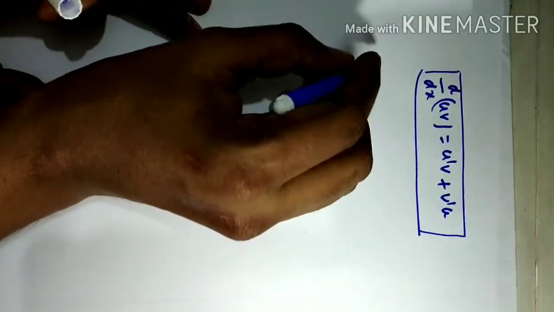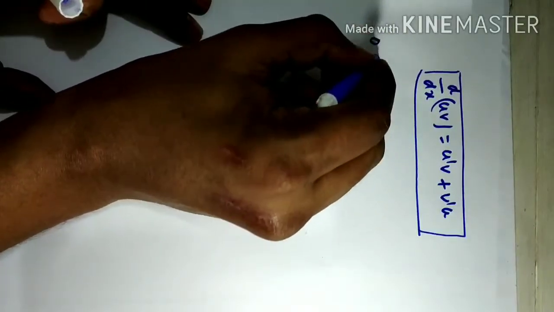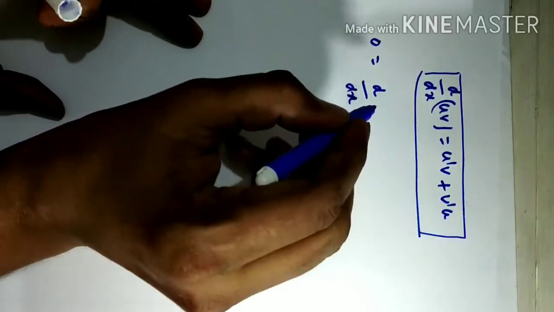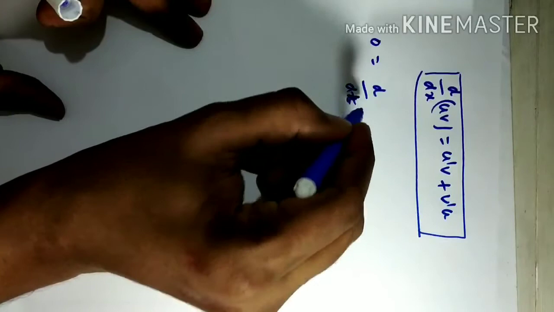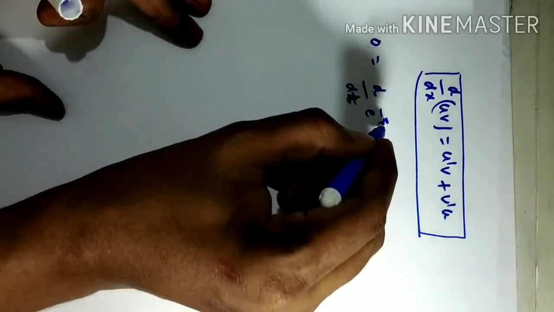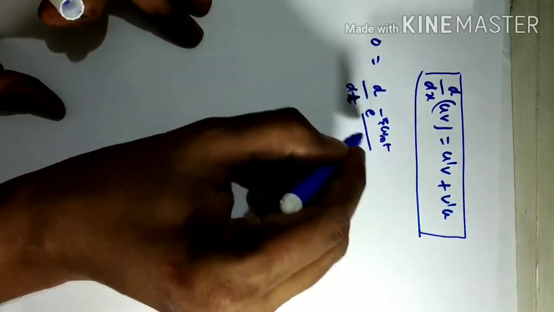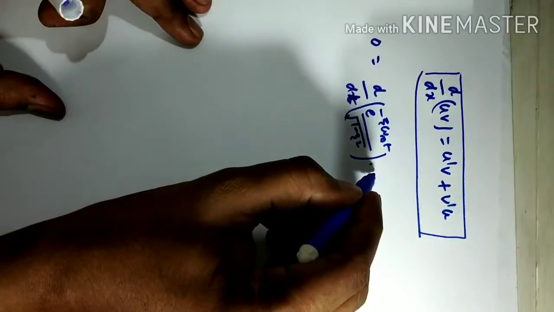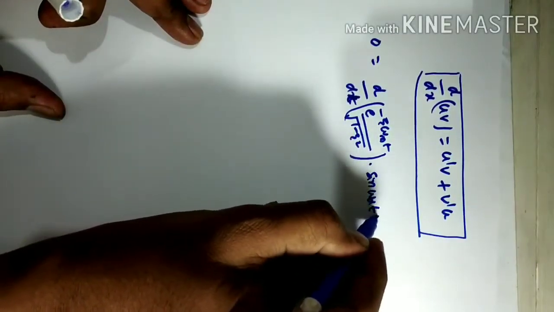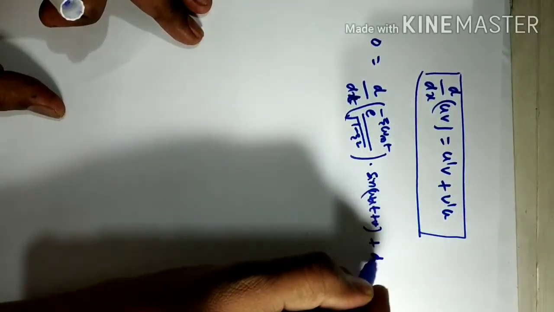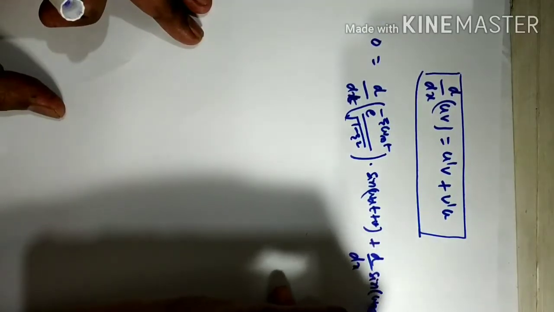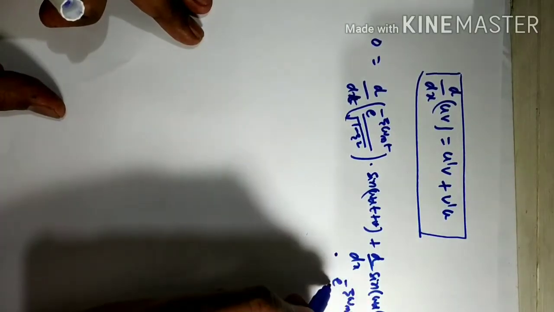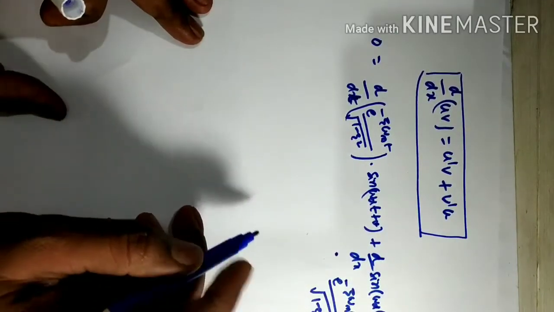So to differentiate, dy by dt of e raised to minus zeta omega n t by root 1 minus zeta square into sine(omega_d t plus theta), plus dy by dt of sine(omega_d t plus theta) into e raised to minus zeta omega n t by root 1 minus zeta square, okay.